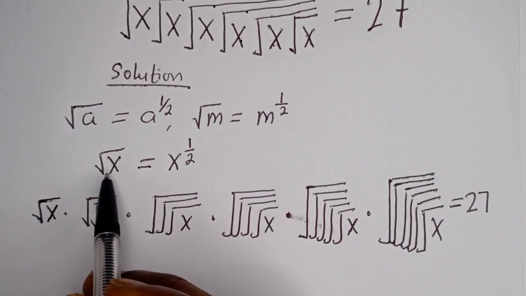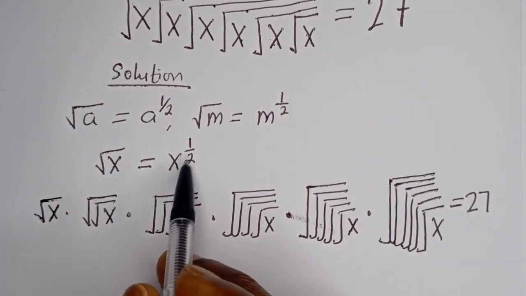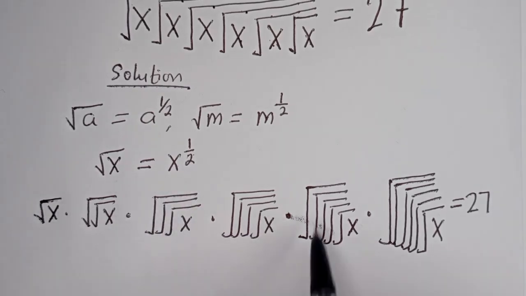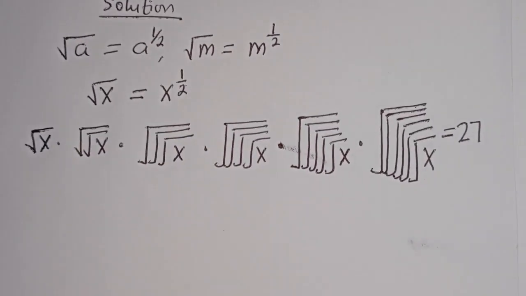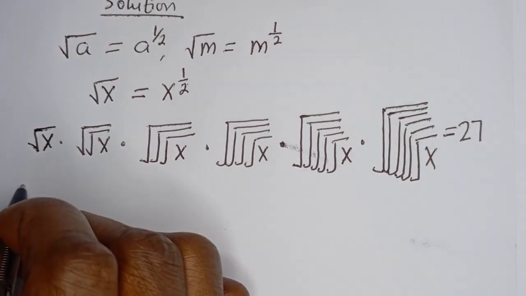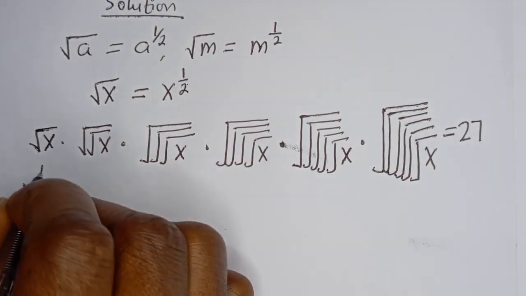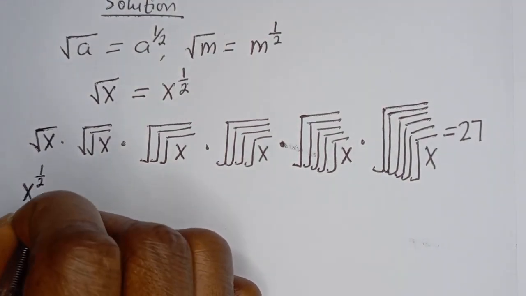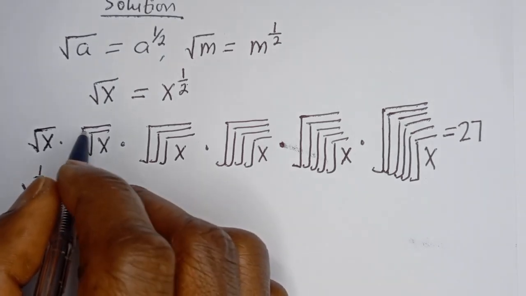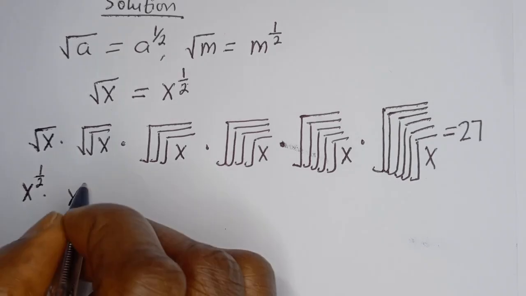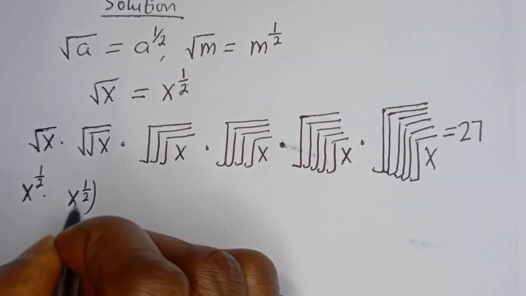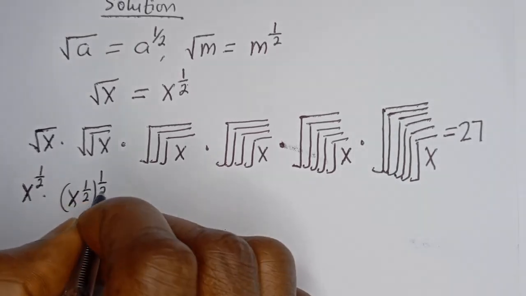Now since square root of s is equal to s to the power of 1 over 2, let's transform this. We have square root of s written as s to the power of 1 over 2, multiplied by this square root of s, which can be written as s to the power of 1 over 2 to the power of 1 over 2.